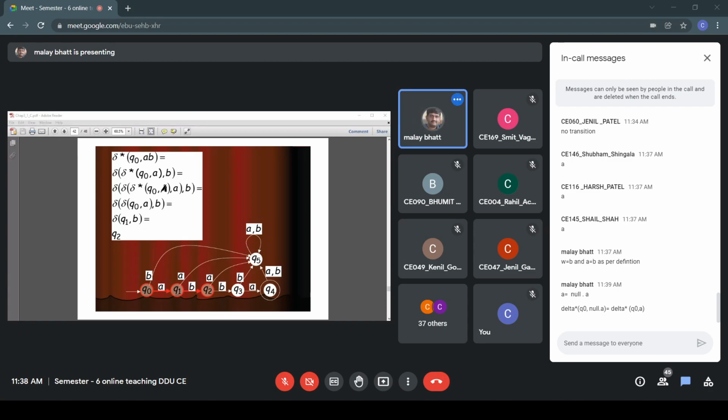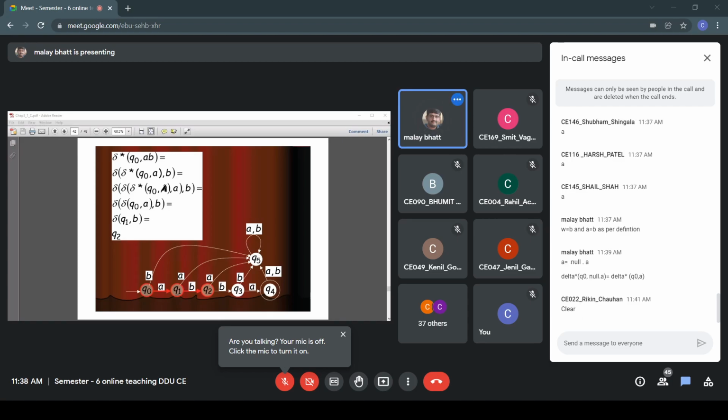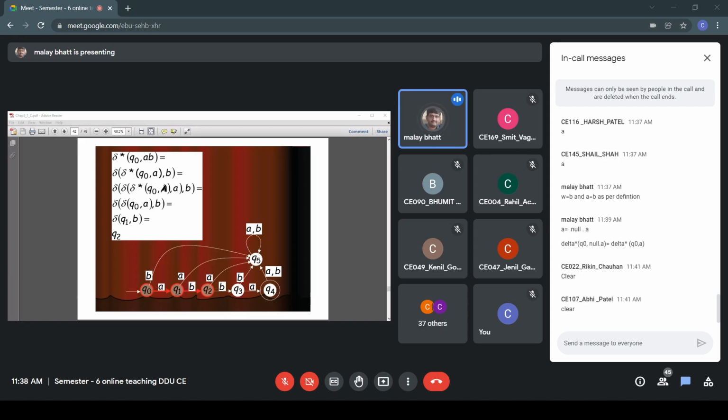Yes, any query up to this? Do you have any query? I got only one response. If you have any query, because you need to solve this kind of example. If you tell me, then I can clear your doubts.